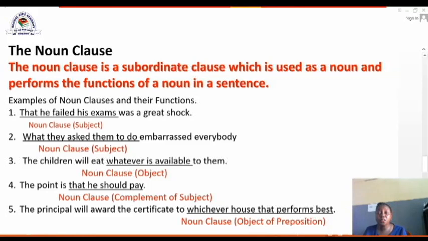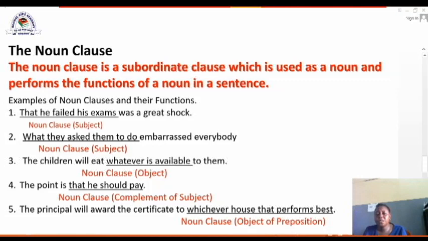Now, as clauses, they perform these same functions in sentences. A noun clause can perform the subject function. That means it can act as a subject in the sentence. It can also act as object, can also act as complement of subject, complement of object, or object or complement of preposition.